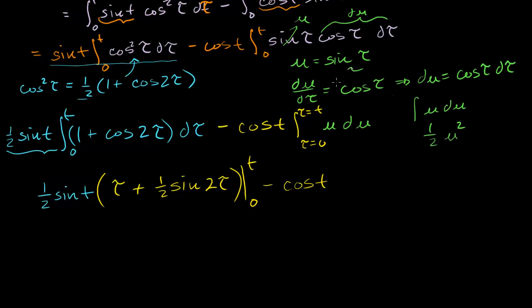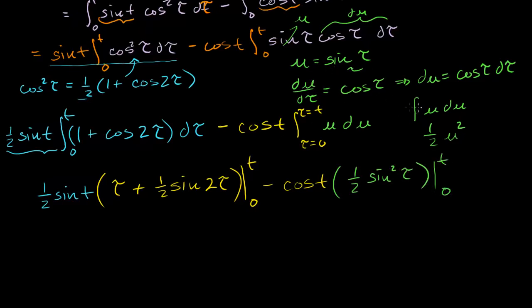It was sine of tau, right? So the antiderivative of this thing right here is 1/2 u squared, but u is sine of tau. So it's going to be 1/2 sine of tau, squared. And we're going to evaluate that from 0 to t.